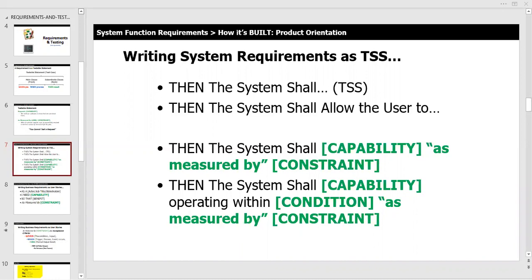You had then the system shall capability, functional capability as measured by a constraint, or you might have then the system shall have a functional capability operating within a non-functional condition as measured by a constraint. So again, just adding the then is thinking like a tester. That's all I'm trying to get you to, is I'm trying to move you slowly to get to think like a tester.